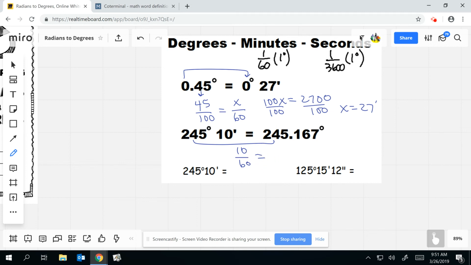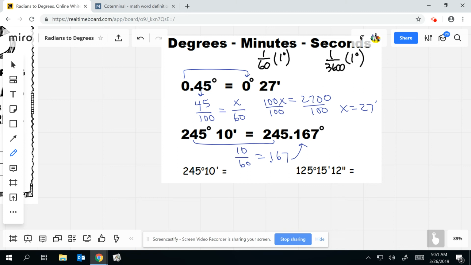You take your calculator and do 10 divided by 60, and you'll get 0.167. That's how they got that 0.167. So if they wanted decimal degrees, you take the minutes divided by 60.